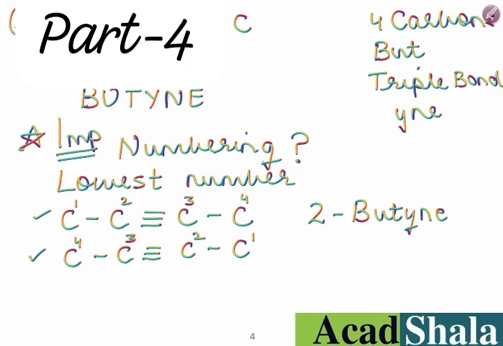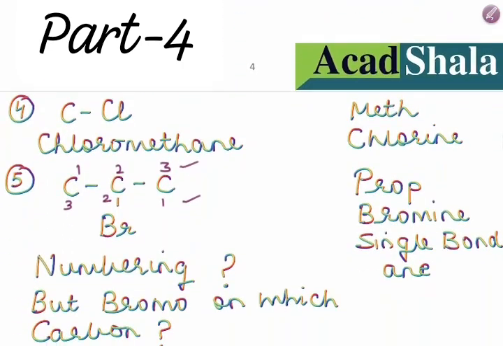Clear? Then you do the numbering. But if on the first carbon anything is attached, no need to write 1-butyne; butyne is also correct. Okay, children, now let us go for the next one.